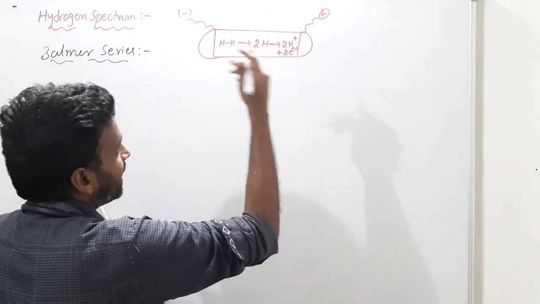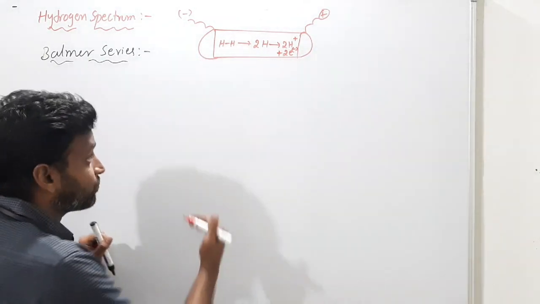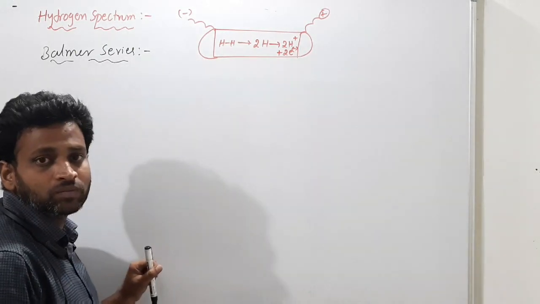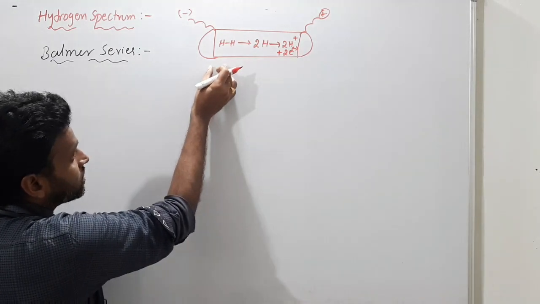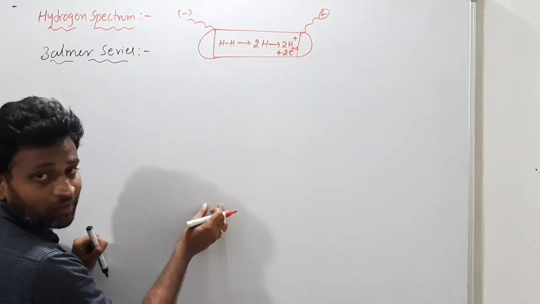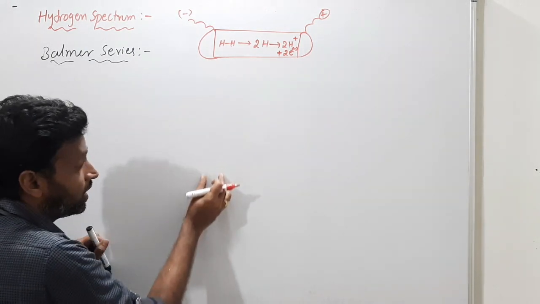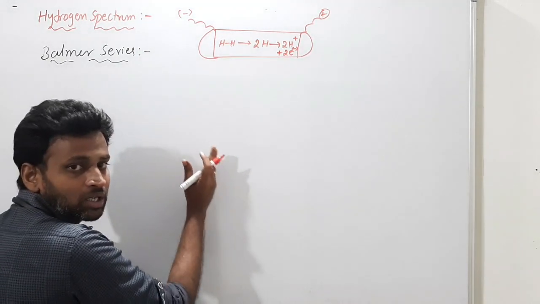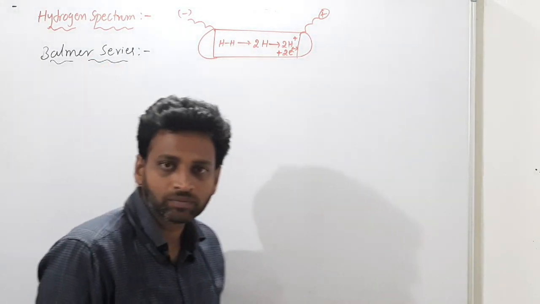Those electrons will go to higher energy levels, and then they will come down again. That is called emission of energy. While coming from a higher energy level to a lower energy level, they form some spectral lines. Those spectral lines were first observed by this scientist Balmer.